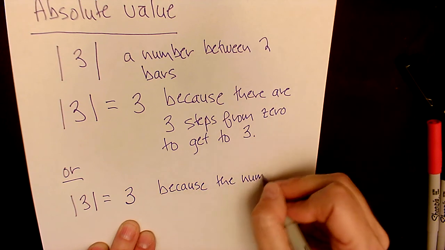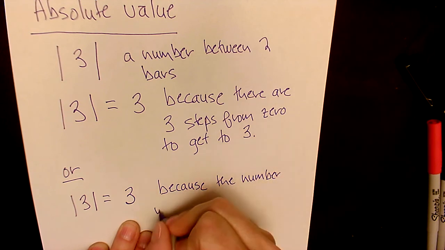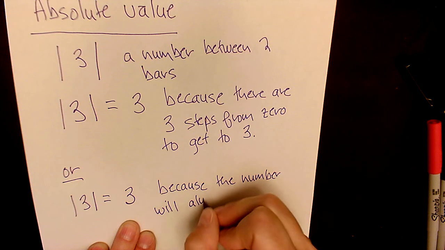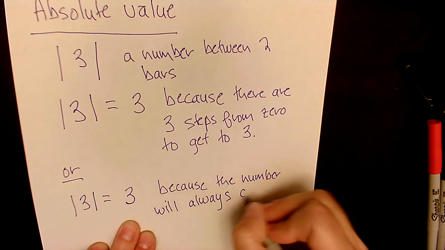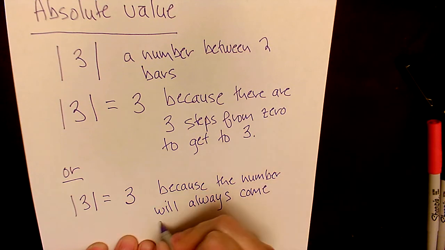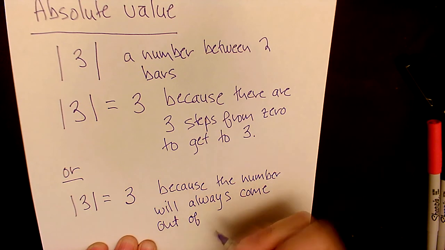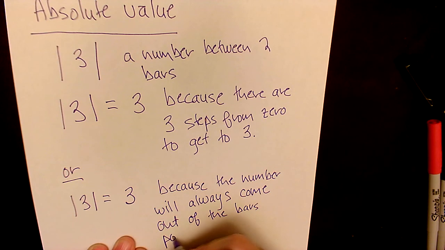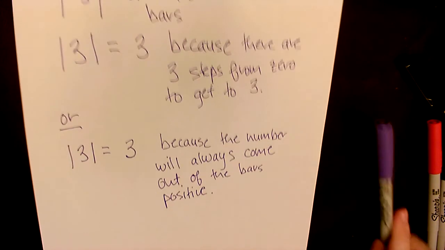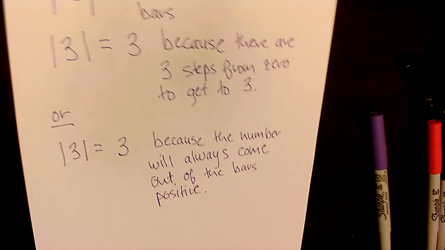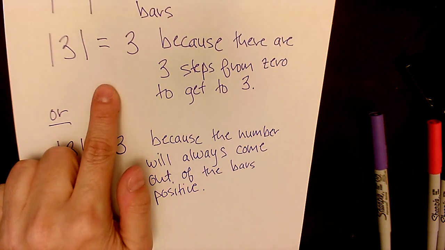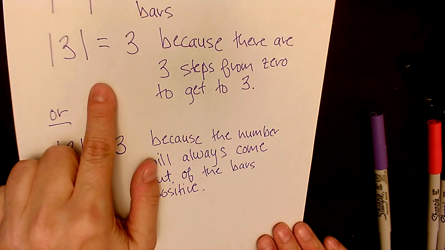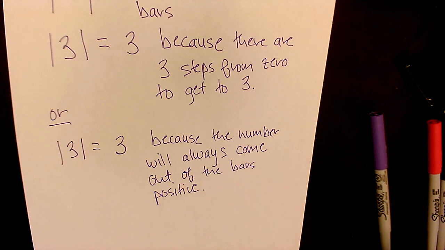Because the number will always come out positive. Will always come out of the bars positive. So whichever way you want to look at it, if it's easier for you to do on a number line, you can count over from 0, and you know there's 3 jumps from 0 to 3.